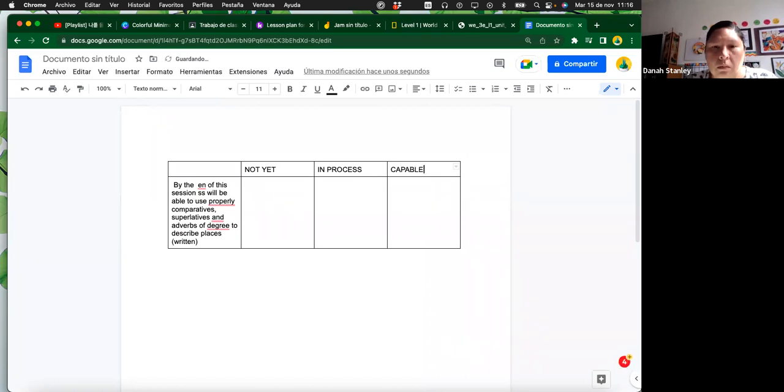Y puedo poner que, por ejemplo, aquí sea entre un 5 y un 6 de calificación. 5 or 6. Ajá. It can be un 7 y un 8.